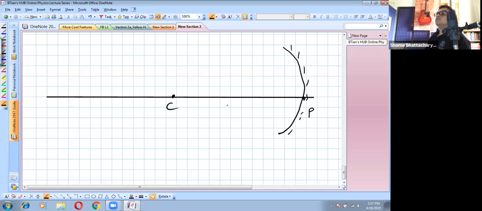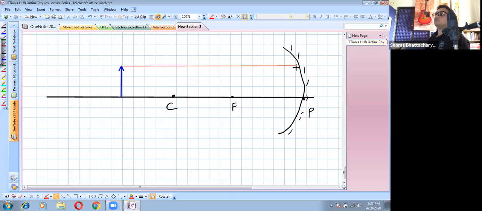This point, let us say, is our center of curvature. This point is our focal point. And let's again consider our object as somewhere over here. Now I'm just deliberately making a very large object, but remember that in reality, the size of the object should be small compared to the radius of curvature, because otherwise we can't do all our analysis of considering paraxial rays and all that.